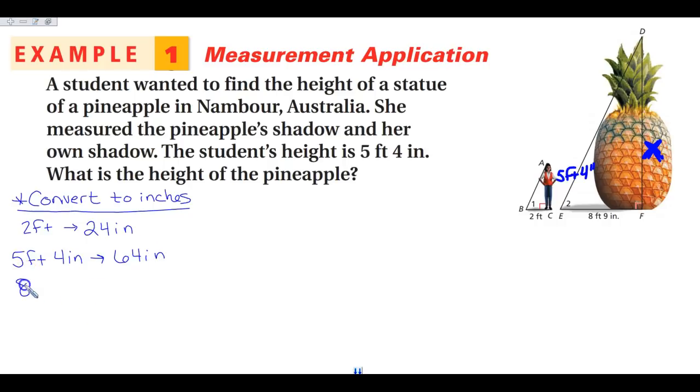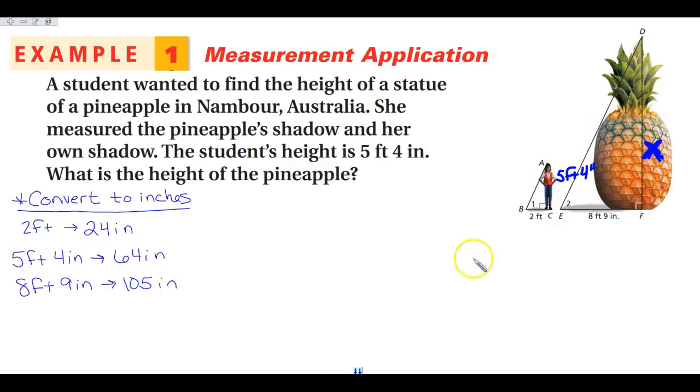And then the last one is 8 feet 9 inches. That's 8 times 12 plus 9, which is going to give us 105 inches.